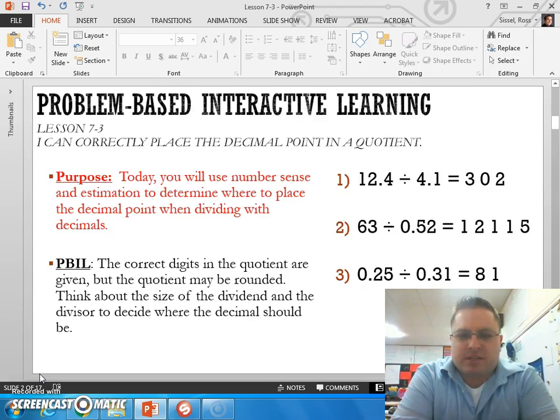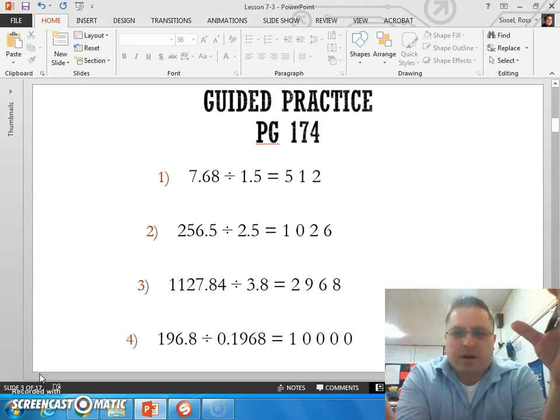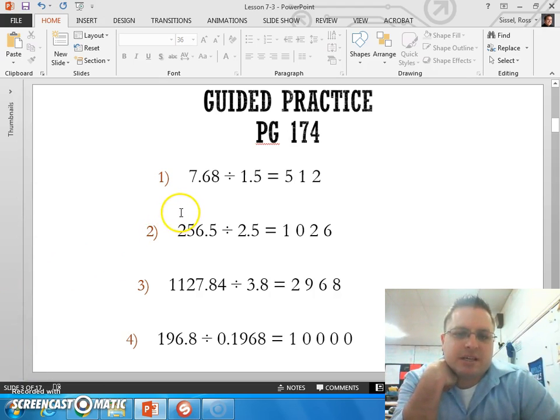One, the number sense, if we look at an example here, would be thinking about your dividend and your divisor. For example, in this first one, 7.68 divided by 1.5. A couple things I notice is I'm dividing a whole number by another whole number.